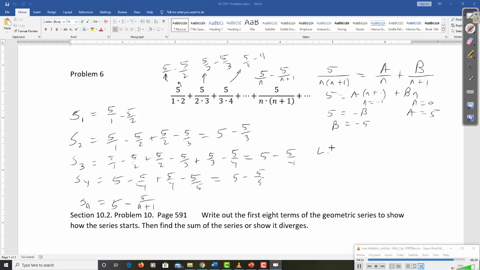Then that means we can determine pretty easily if this converges or not. The limit as n goes to infinity of our sequence of partial sums is the limit as n goes to infinity of 5 minus 5 over n plus 1.